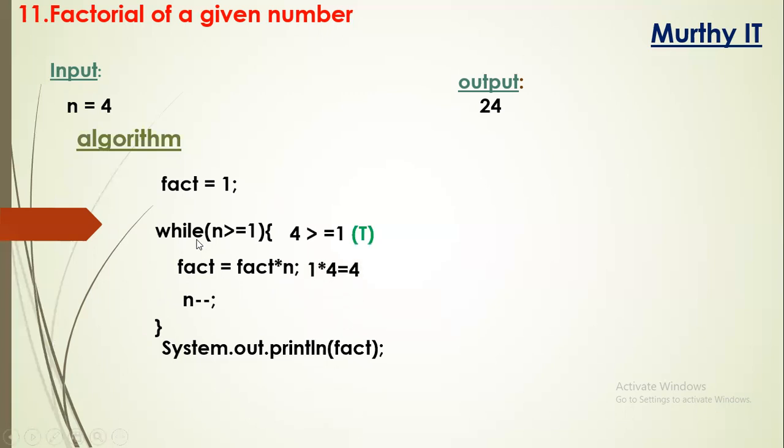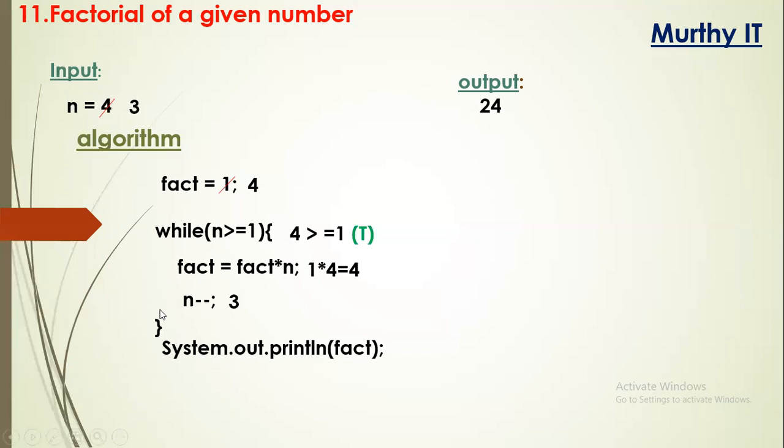Now 1 into 4 equal to 4. Now 1 is replaced by 4. Now n minus minus. We are doing n minus minus, means 3. Now n value will be 3. Now 4 is replaced by 3. So it is the first iteration.